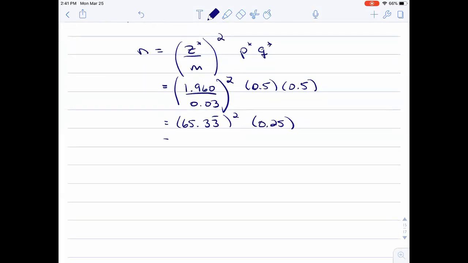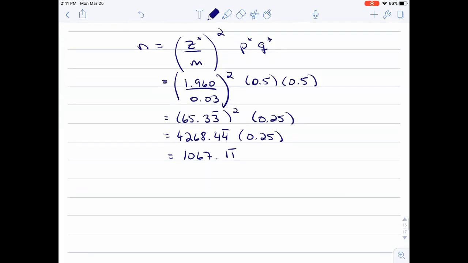Square that, I get 4,268.44 repeating, times 0.25, which is 1,067.11 repeating.